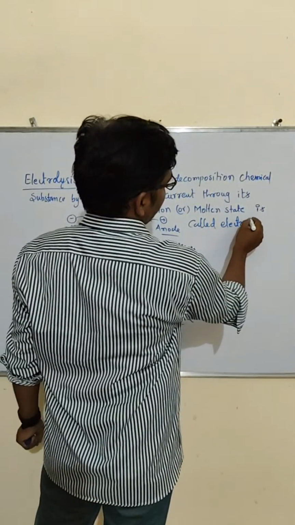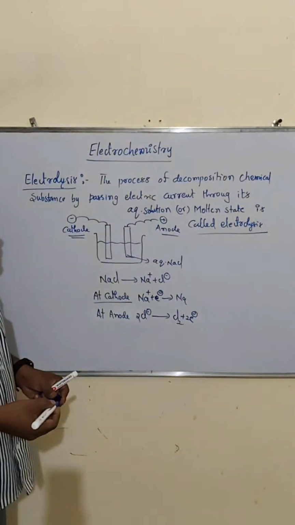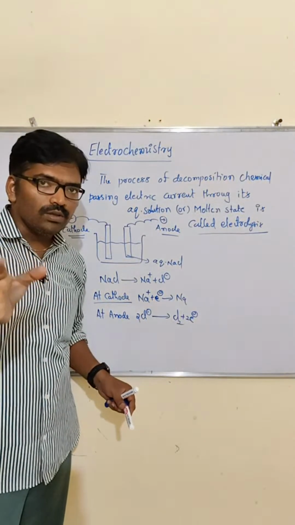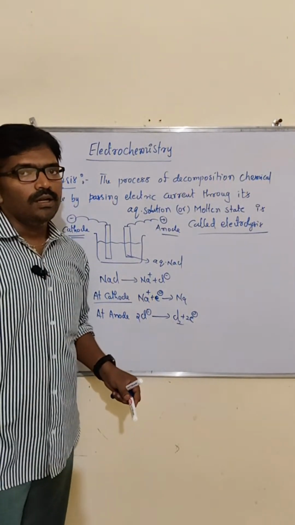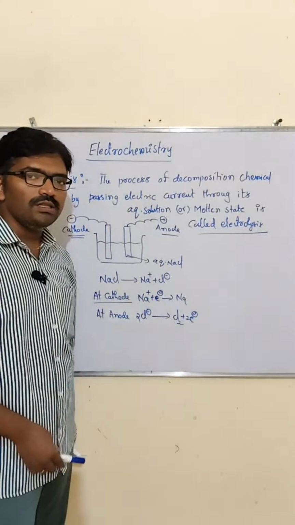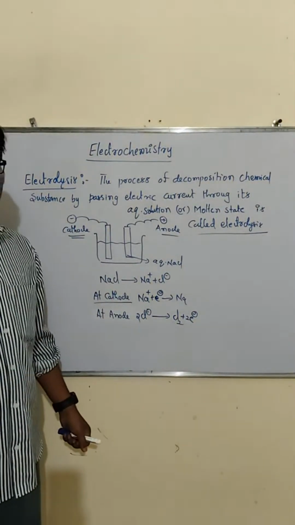This is the electrolysis. Electrolysis is the process of decomposition of chemical substance by passing electricity through it. Then at the electrodes, chemical substances will be deposited. That process is called electrolysis.